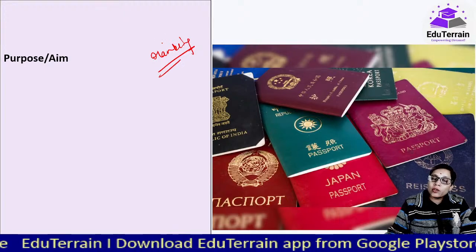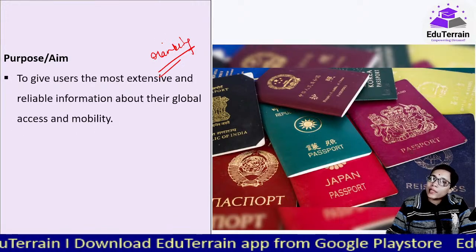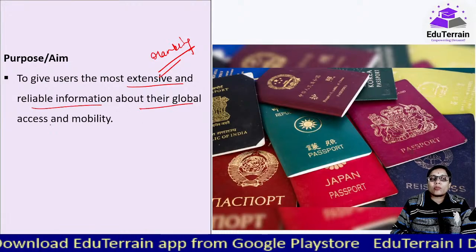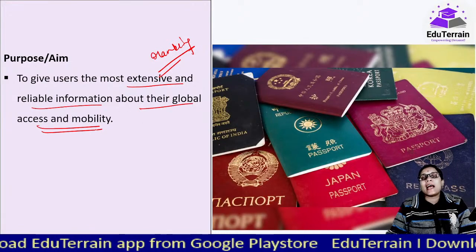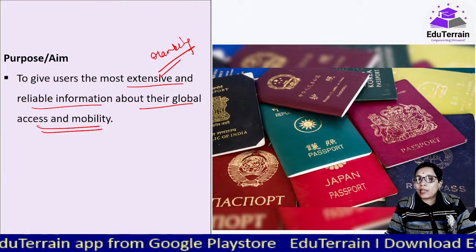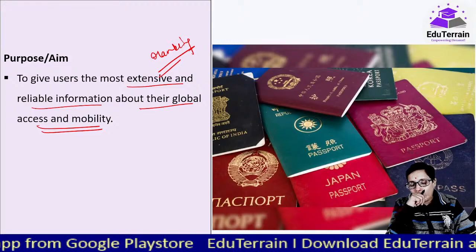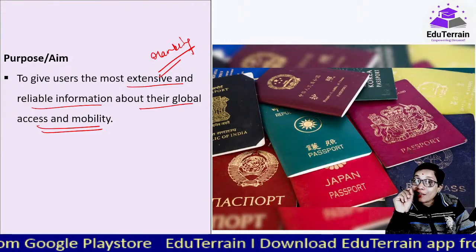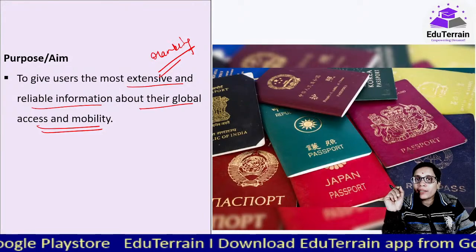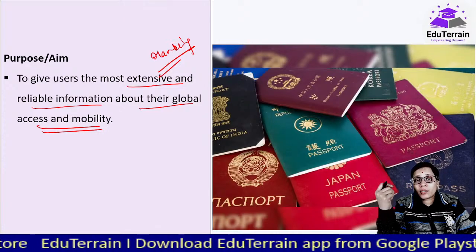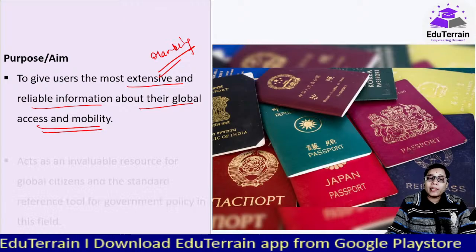Now, what is the purpose or aim behind this ranking? This gives the users the most extensive and reliable information about their global access and mobility. Thereby they'll understand, okay, these are the countries where we can go without a prior visa. It's not that a visa is not needed at all; a prior visa is not required, and upon arrival also a visa can be taken.